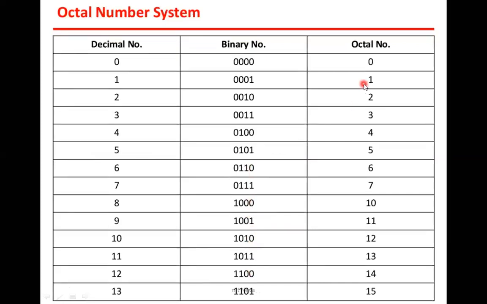And these are the octal numbers: 0, 1, 2, 3, 4, 5, 6, 7, and after 7 it will be 10, then 11, 12, 13, 14, 15, 16, then 17. After 17, it will become 20, then 21, 22, 23, and so on.